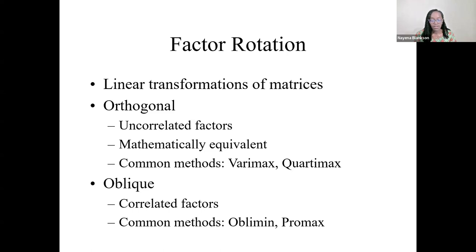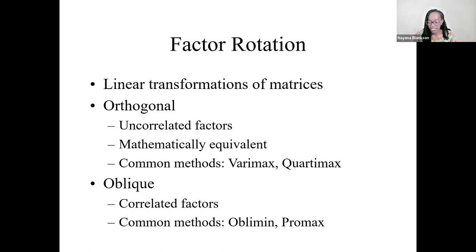rotations. Orthogonal means that the factors are not related to each other. So the factors are extracted. You say you have 2 factors and these 2 factors are not correlated. So with orthogonal rotation, it will rotate the factors in a way to distinguish the factors from each other, and the factors are not allowed to correlate. So when the math behind it is trying to figure out these loadings, it's not allowing the factors to be related to each other.